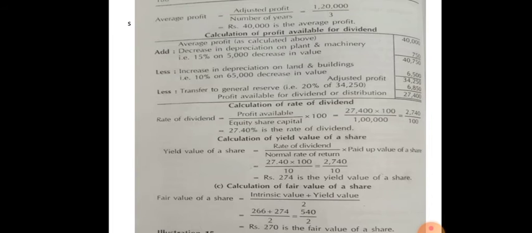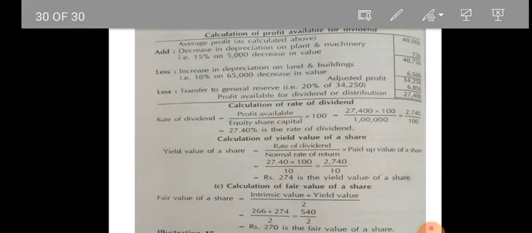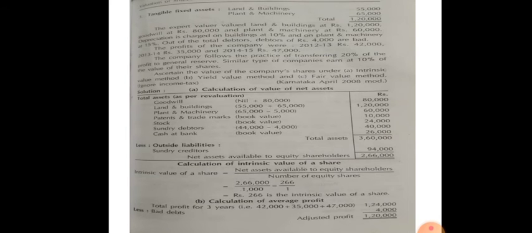Plant and machinery value has decreased. See here, plant and machinery in note number 3 is 65,000, but in the other information plant and machinery is 60,000. So there is a 5,000 difference. Book value is 65,000 and the present market value is 60,000, which means 5,000 decreased.